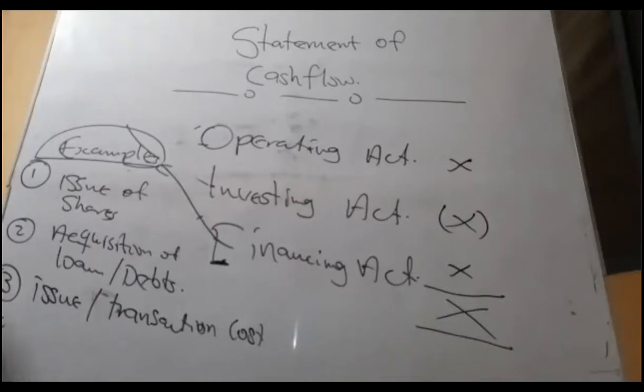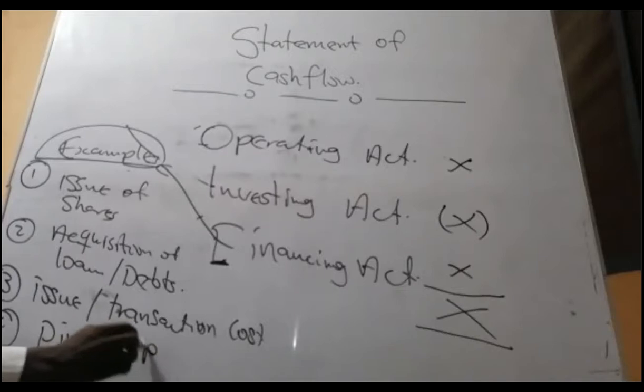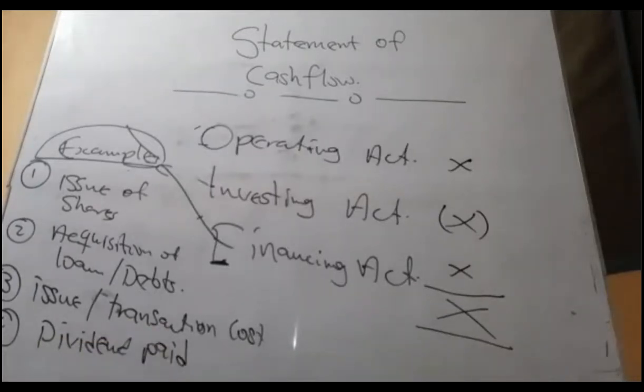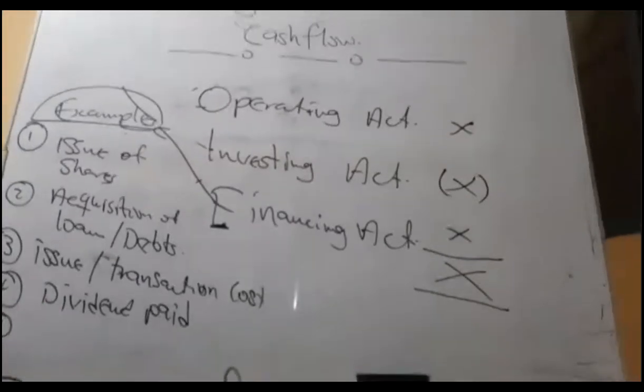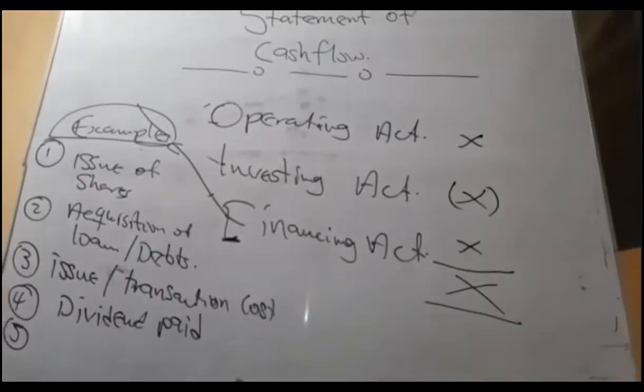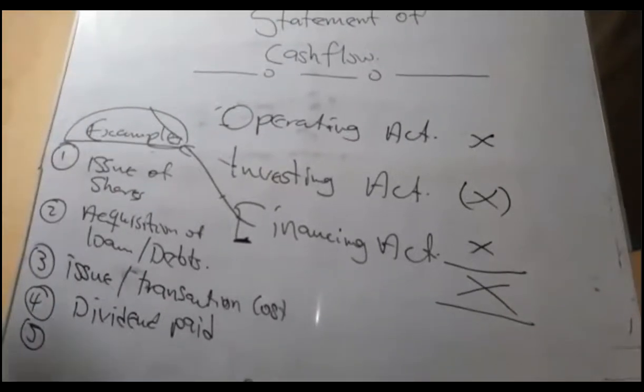Then four, dividend paid. If you don't deal with dividend-related transactions and you pay dividend, it must be under financing. This is return on equity, and return on debt is the interest. So number five is the interest paid.